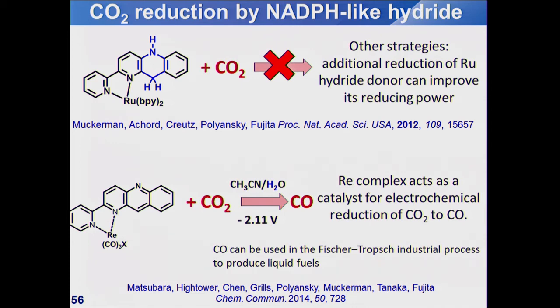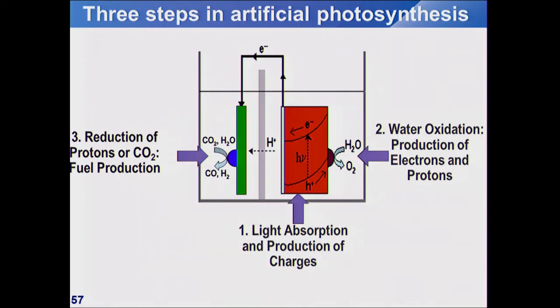And we found that we can transfer this hydride to, for example, carbon monoxide, which is bound to the substrate. We also found that if we replace ruthenium with rhenium, we can use this as an electrocatalyst. So we do electrochemical reduction of carbon dioxide to make carbon monoxide. So at least it worked in this case.